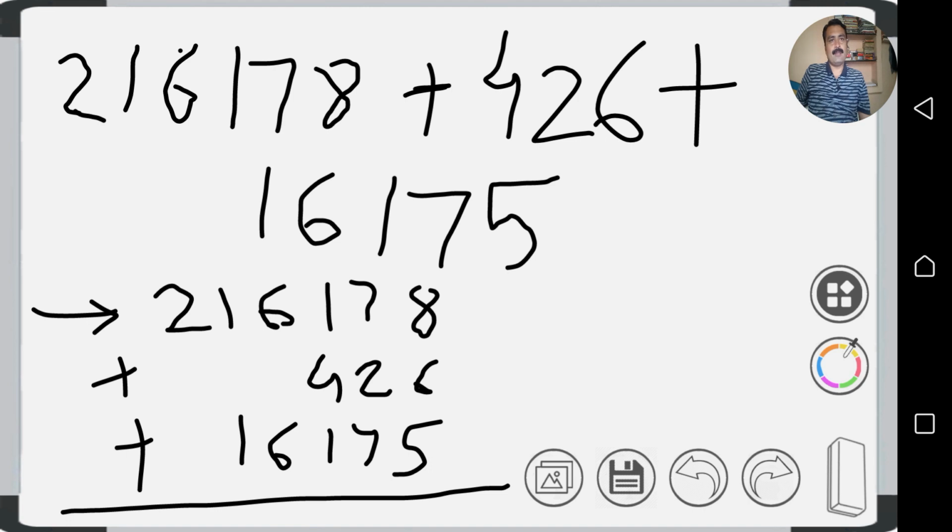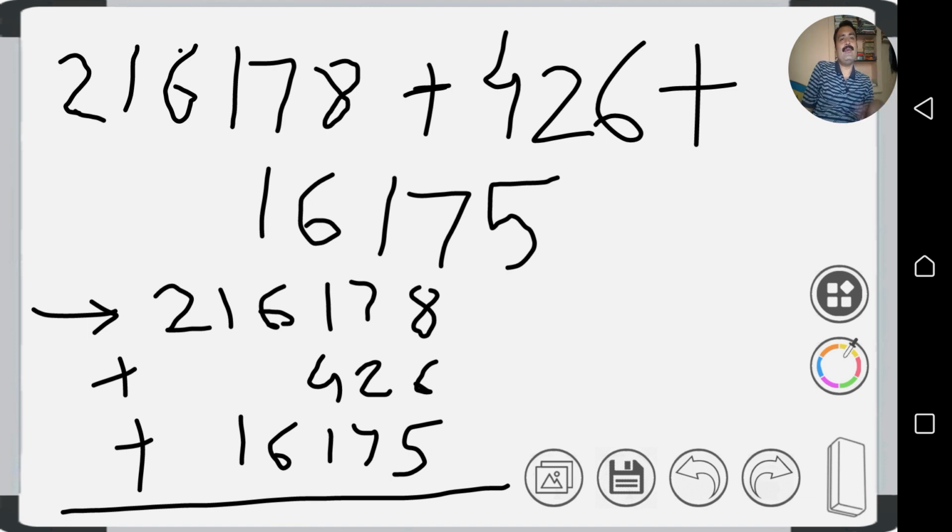The digits at the hundreds place, 1, 4, 1, we write one below each other. Now 6 and 6, the digits at the thousands place, we write below each other. The digit at the ten-thousands place, we write below each other, and digit 2 we write separately. So in this example, while taking three numbers, we write all digits in the proper way at their own places.